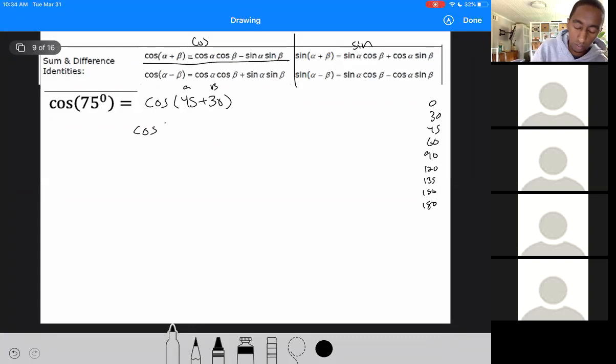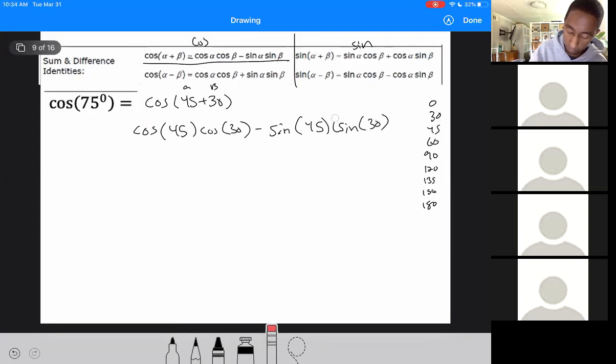So it'd be cosine of 45 times cosine of 30 minus sine of 45 and sine of 30, right? And then we just would be finding what those values are equal to, and whatever they equal would help us to simplify.